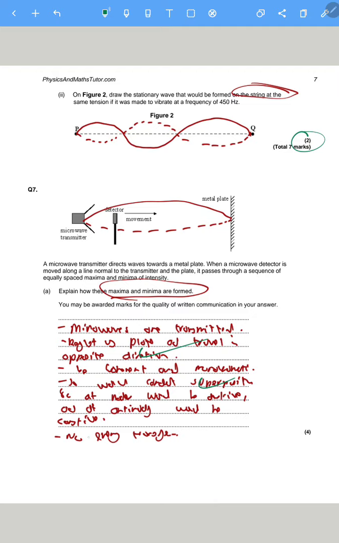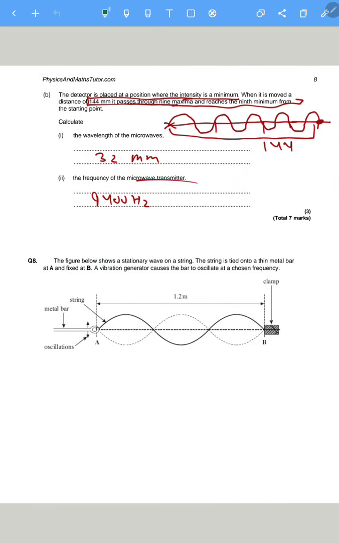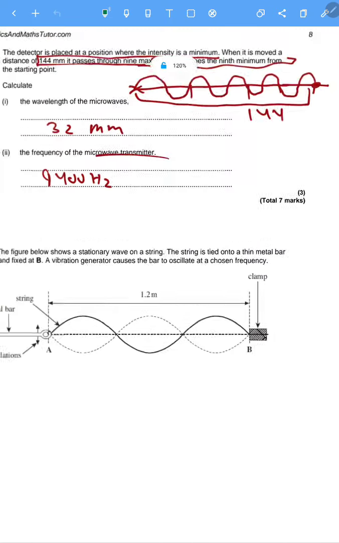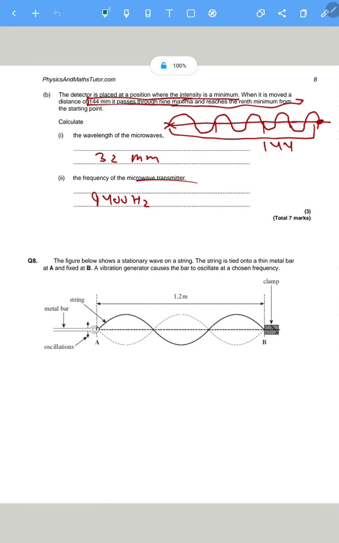So no energy transfer. Superposition. Nodes will be destructive and antinodes constructive. Yep. So wavelength of the microwave, which is 32 millimeters. Yep. And it is 9 times 3, 8 times 10 to the, no. So that was 1.